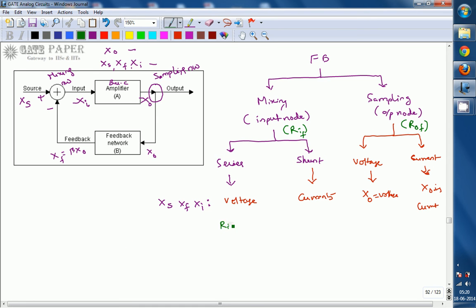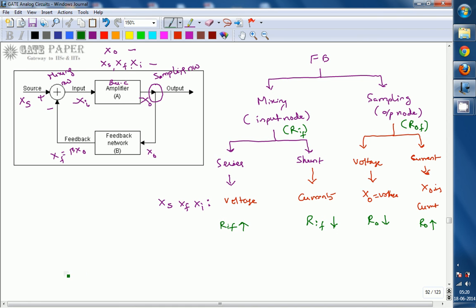In series mixing, input impedance increases; in shunt mixing, input impedance reduces. In voltage sampling, output impedance reduces; in current sampling, output impedance increases.